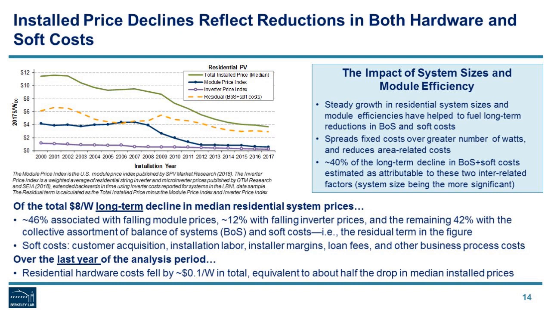And in the case of higher efficiency modules, you potentially can shrink your physical project footprint and reduce some of the area related costs that scale with the physical dimensions of the system. And so using some modeled PV cost relationships that our colleagues at NREL developed, we estimate that about 40% or so of the total long-term drop in balance of systems and soft costs are associated with increasing system sizes and module efficiencies. So certainly not the whole story, but an important part of it.